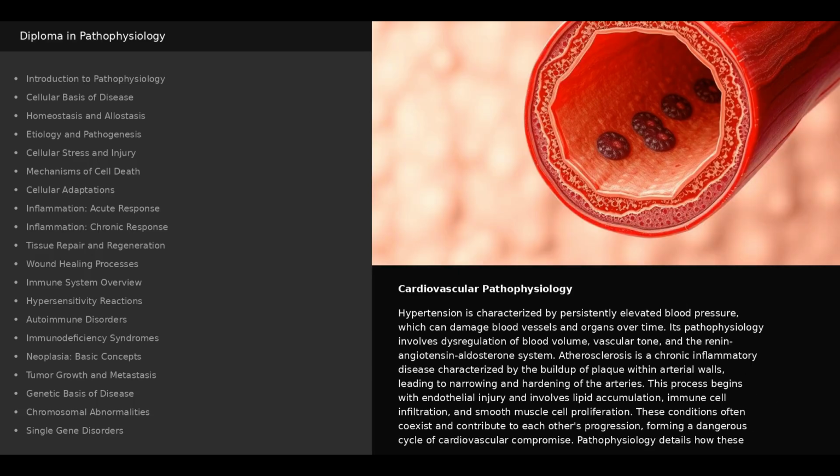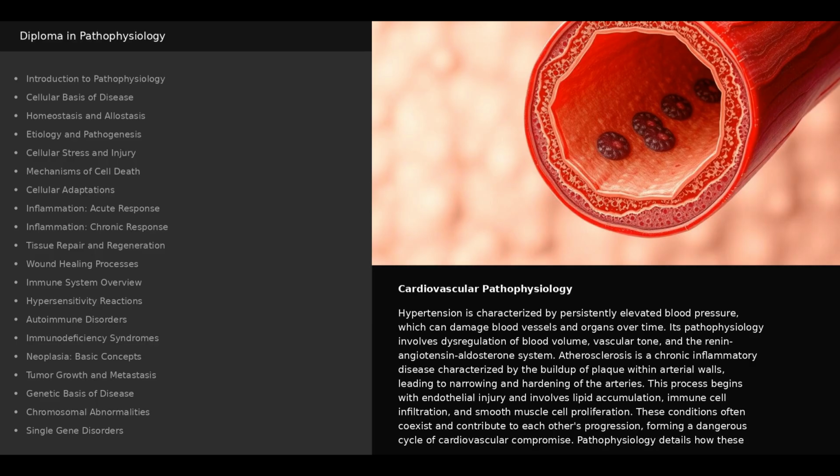Hypertension is characterized by persistently elevated blood pressure, which can damage blood vessels and organs over time. Its pathophysiology involves dysregulation of blood volume, vascular tone, and the renin-angiotensin-aldosterone system. Atherosclerosis is a chronic inflammatory disease characterized by the buildup of plaque within arterial walls, leading to narrowing and hardening of the arteries.